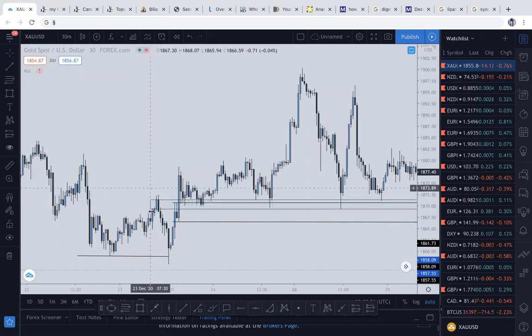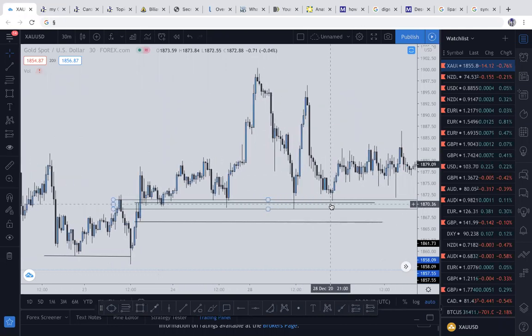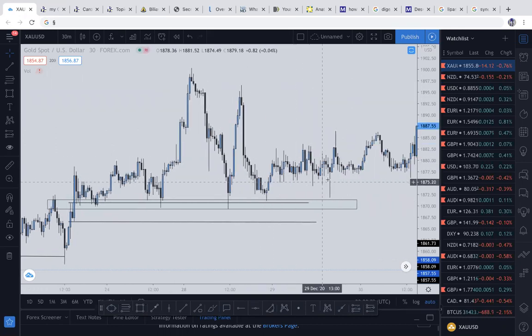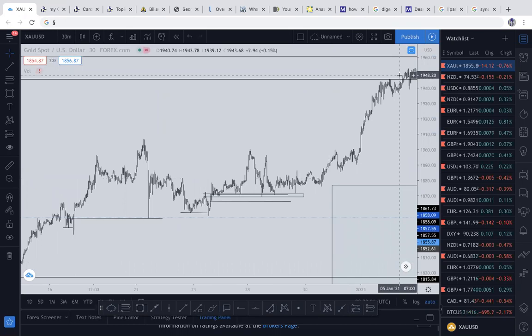And now, if it is a mitigation candle, its function is to act as a support area when price comes back to that area. So price came back on top of this candlestick, bounced off it, and since then, gold went higher. Is it properly explained now?